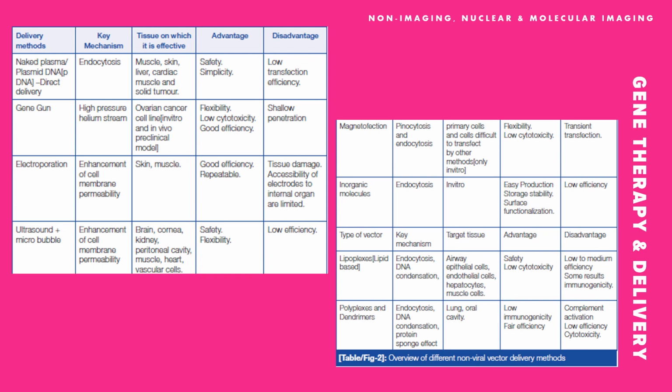I'll explain some examples of non-viral vectors in the next few slides, but this is a summary so you understand how you use different non-viral vectors to deliver genes to particular diseases or tissues, what they deliver, what the advantages are, and the key mechanism of how they are delivered.